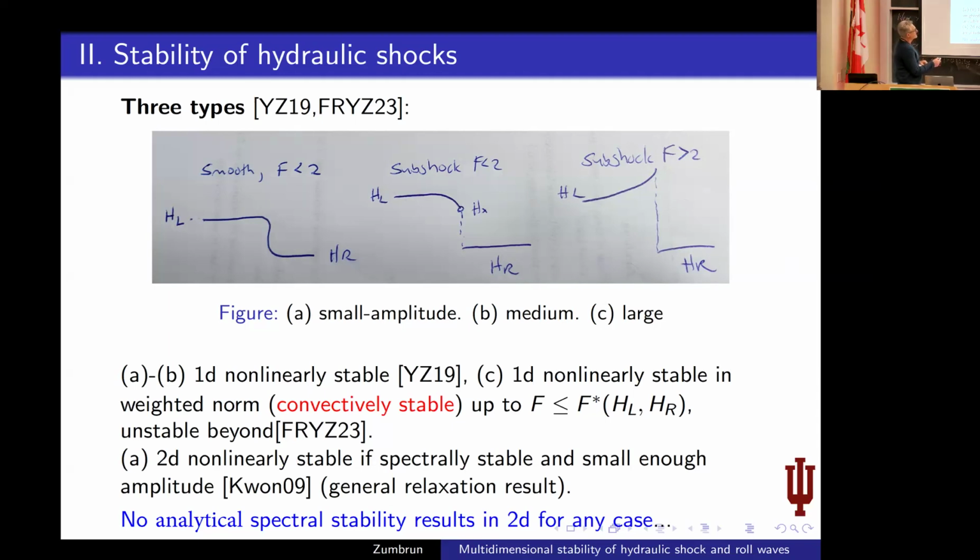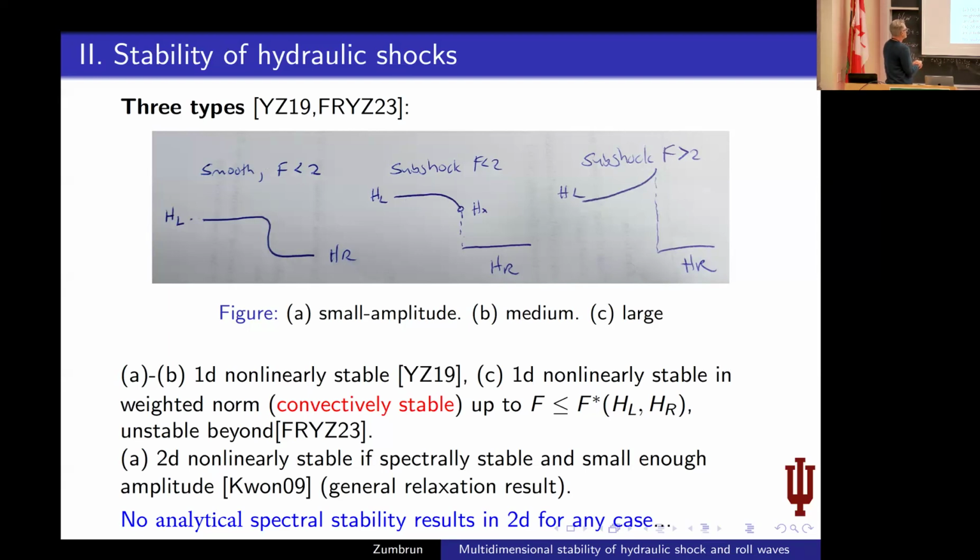And the basic idea is that as disturbances come in near the shock, all important disturbances are swept into the shock and then eliminated by the near field dynamics. Okay, and you can show that by working in a weighted norm. So it turns out all 3 of these can be proved in 1D rigorously to be stable.